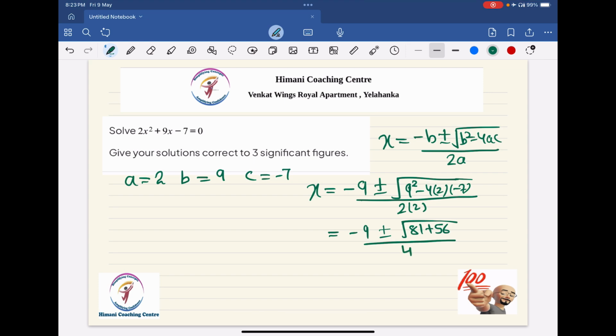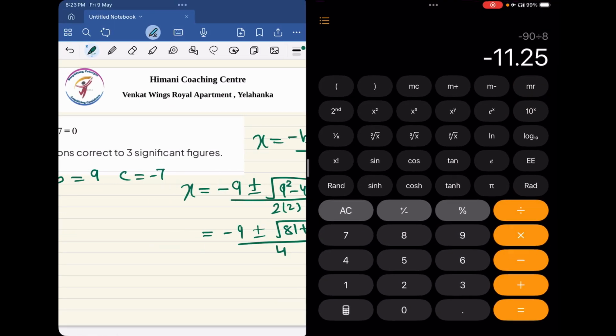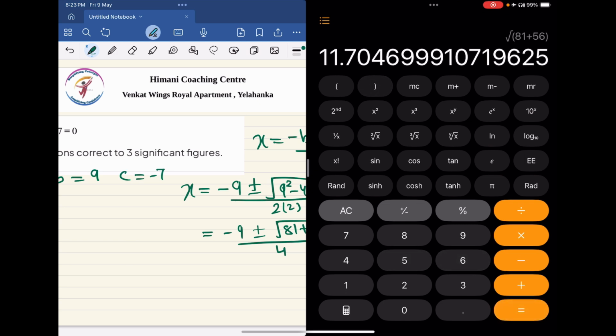Now let us again use the calculator and get our things right. So we have to find root of 81 plus 56, and we are getting 11.7046.